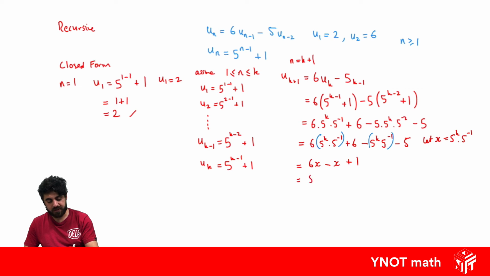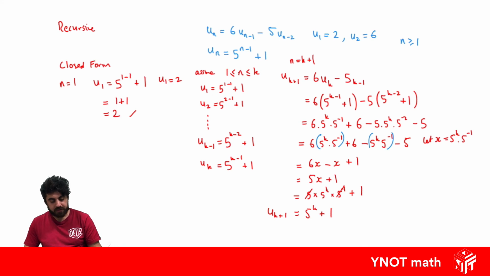So 6x minus x is 5x plus 1, and let's just put it back in. This just was to help us visualize those like terms. So we're going to get 5 times x, which we know is 5^k times 5^(-1), plus 1. Then 5 times 5^(-1) simplifies to 1, and we're left with 5^k plus 1 equals u_(k+1).